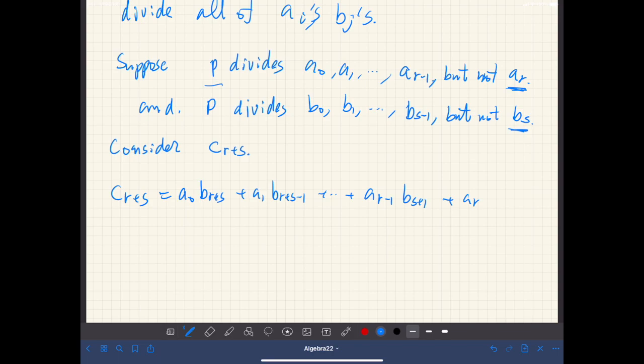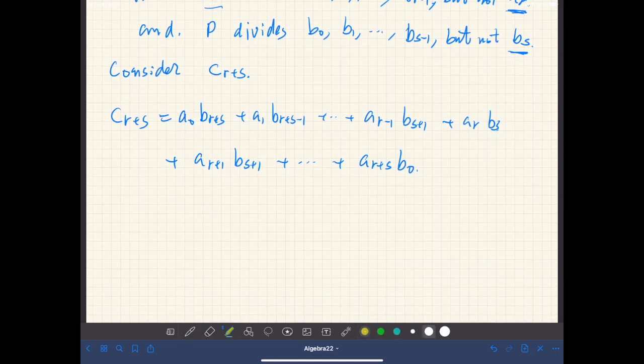Then we have ar times bs, and plus a_{r+1} times b_{s-1}, and so on. After all, we have a_{r+s} times b0.